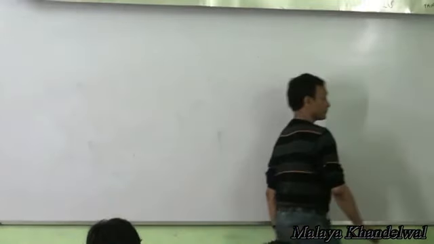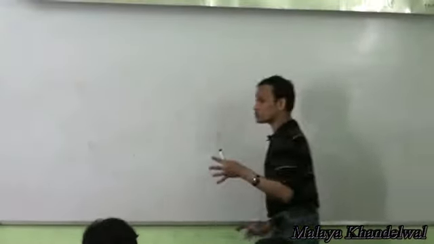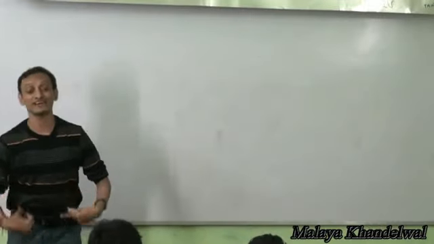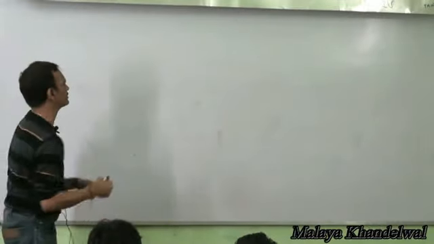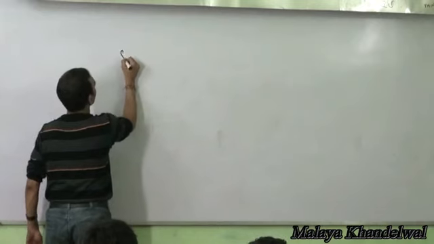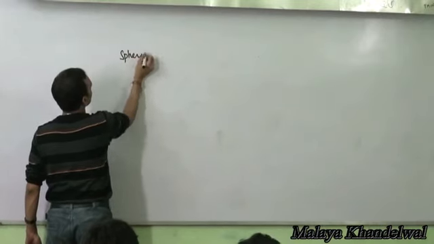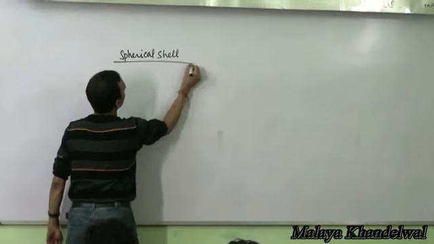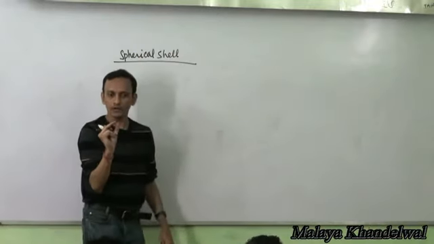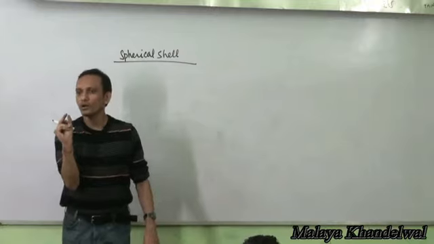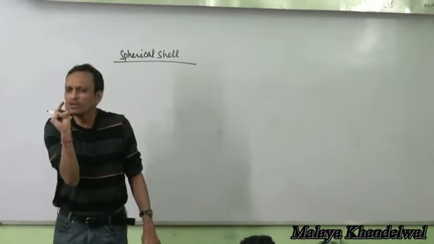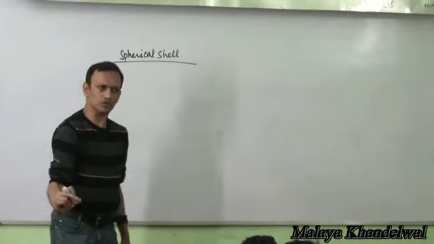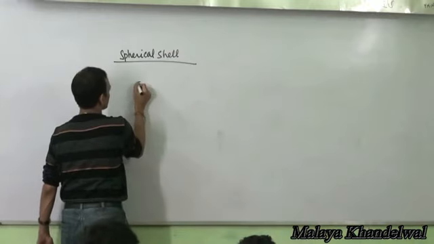so this was a solid sphere, and then we distinguish a solid sphere from what we call a spherical shell. There is a spherical shell. A spherical shell is like a hollow sphere, with a very small thickness, a very thin spherical shell.